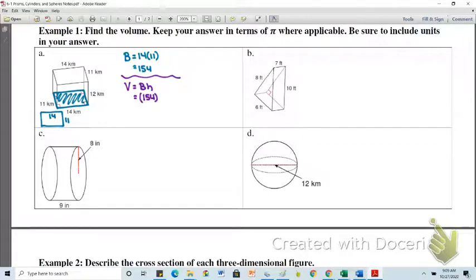And then what connects my bottom base to my top base? I've already used the 11 and 14, so the only number left is the 12. So if I multiply it out, I get 1,848 kilometers cubed.